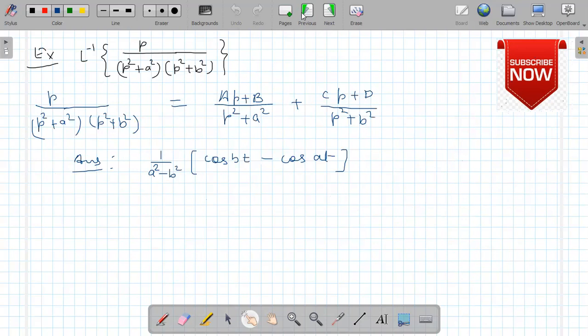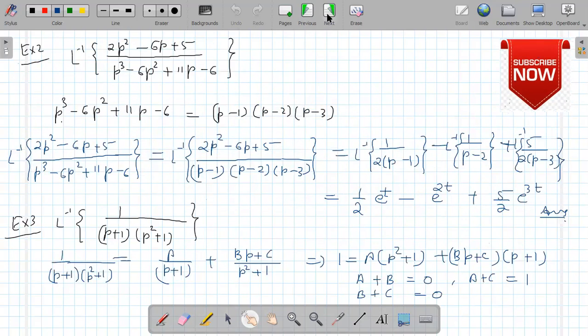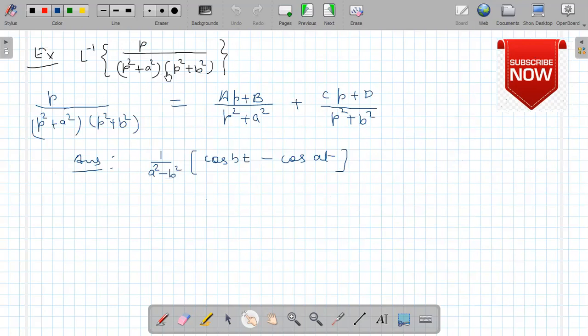This is example number 4. In this example, you can see that in the denominator, both of these are quadratic. So partial fractions for this will be (ap plus b), and for this (cp plus d). Again, you use the method of equating the coefficients of p square and constant terms, and then evaluate the values of a, b, and c.